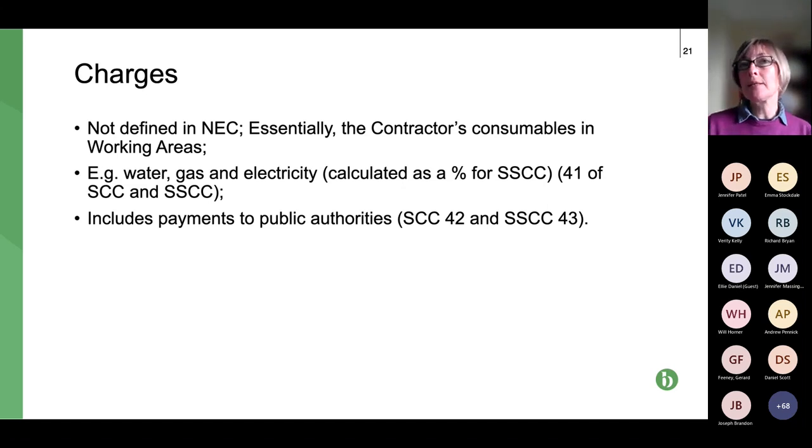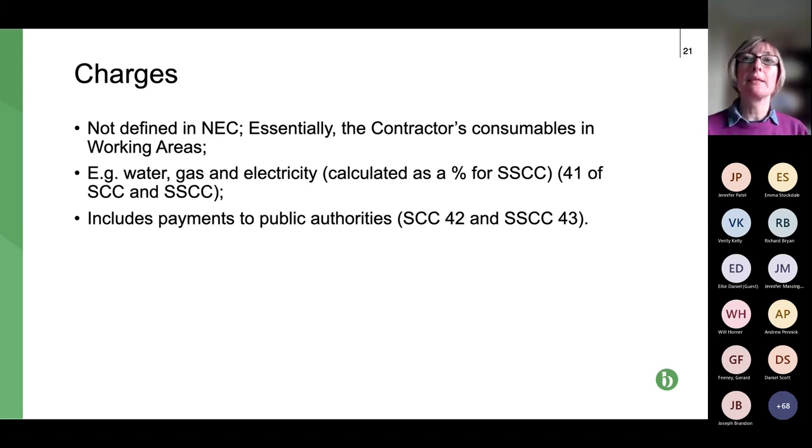Now that's calculated as a percentage for the shorter schedule, which is where the contract data part 2 comes in, because the percentage needs to be included in the contract data part 2 by the party who's going to be paid for it, so the contractor or the subcontractor, and also includes payments to public authorities, as we've already mentioned.